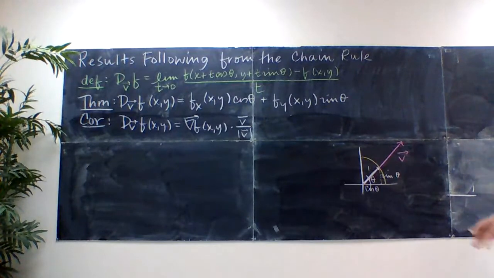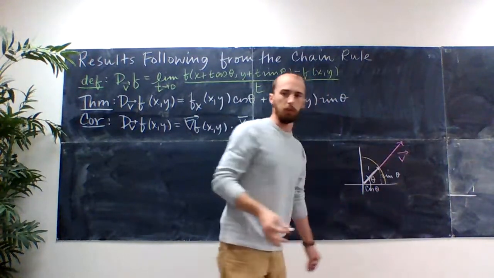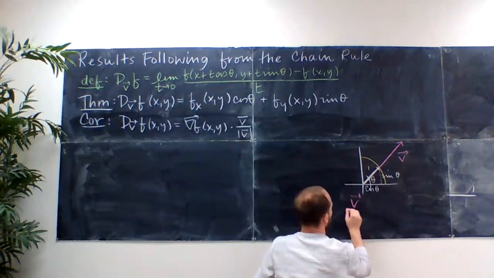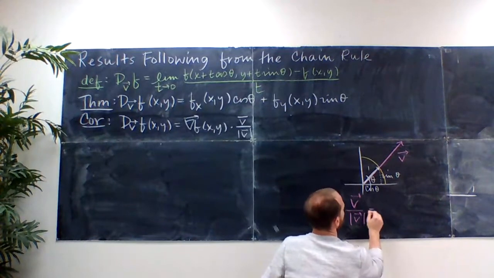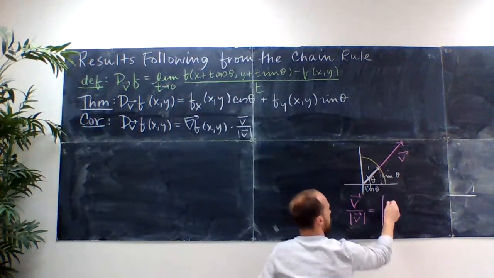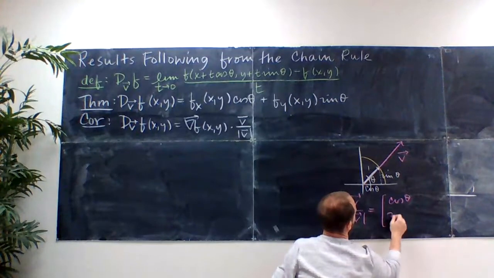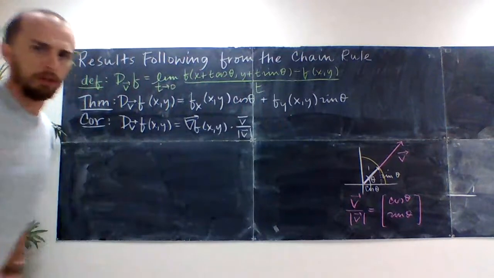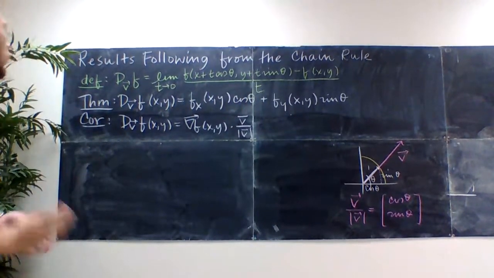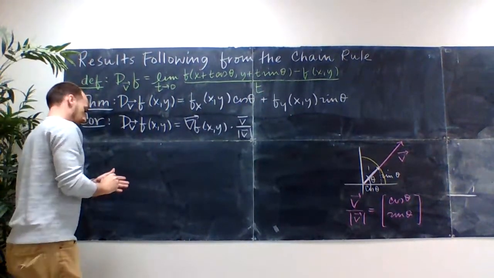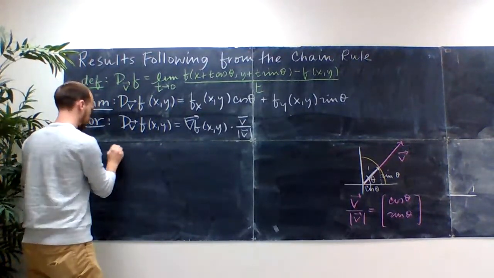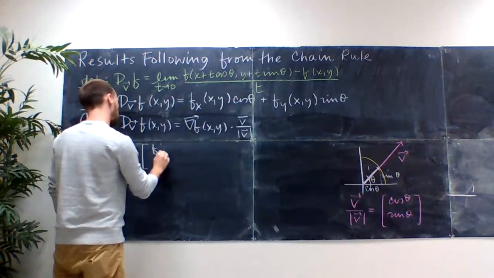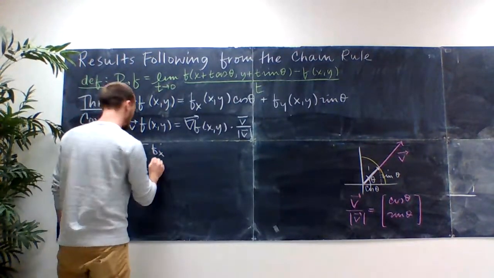So this is why I'm going to use this over the course of this proof: v divided by the length of v is equal to cosine theta, sine theta. Okay, and that's what I'll be using to show this identity here. All right, so the gradient of f at x and y is equal to the partial derivative of f with respect to x and the partial derivative with respect to y.